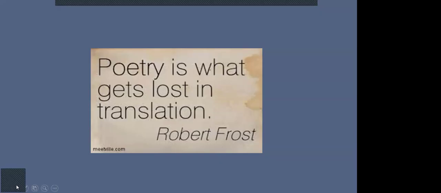Right. It's the emotion, the part that is so hard, and the beauty also of language. So finding equivalences is quite a challenge. So it's not only that meaning needs to be preserved, but also the beauty. Okay, very good.